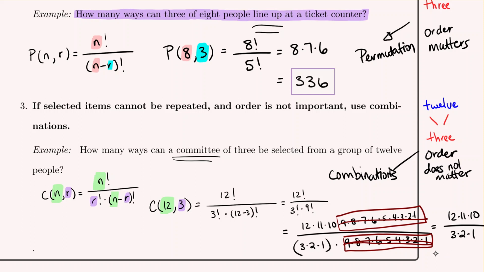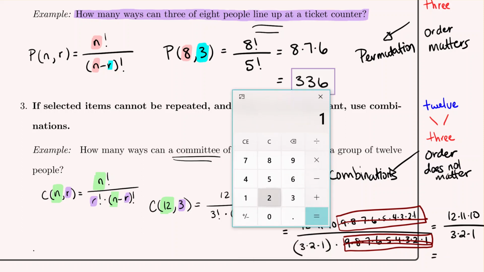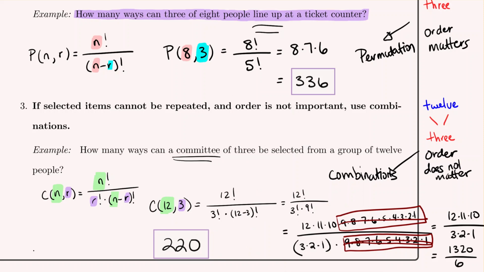Now this is going to simplify nicely. Let's calculate the top. 12 times 11 times 10 is 1320. 3 times 2 times 1 is 6. Divide that by 6, and we get our answer of 220. That is what the whole calculation simplifies to.